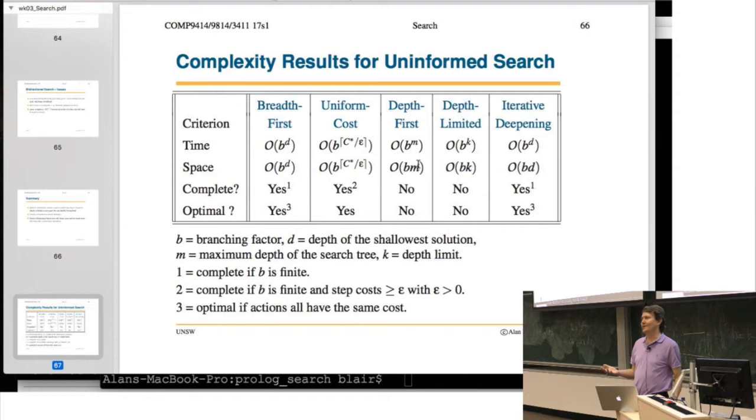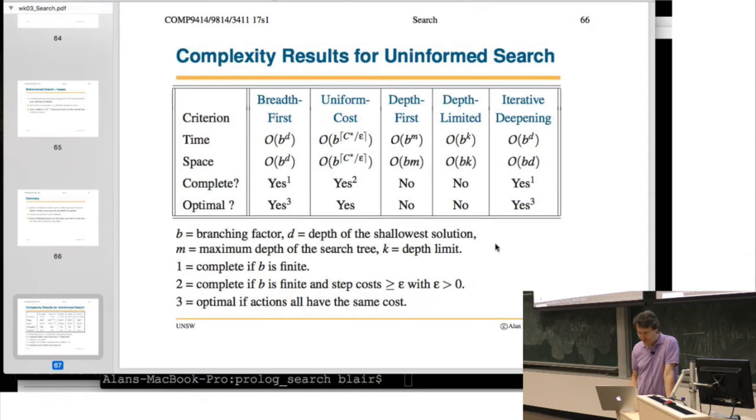It's because you only need to keep the path and its successors in memory. Why is this B to the power D? Well, B is the branching factor and D the depth, and it grows like that. So try to look at this and ask yourself why each one of these is correct, and it helps you to understand. Okay, any questions about this?